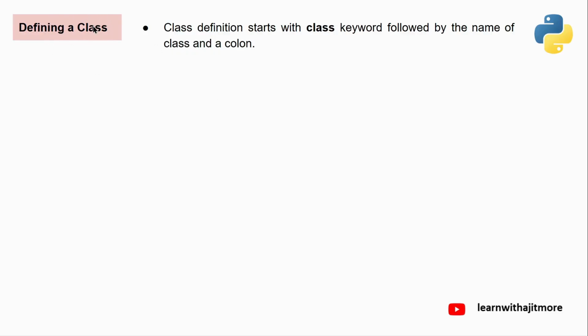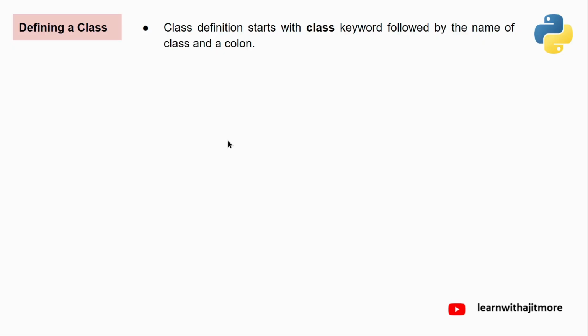First we'll see how to define a class. Class definition starts with the class keyword, followed by the name of the class, and then colon. So first you have the word class, the name of the class, colon. And after that, on the next line, you will do the indentation.